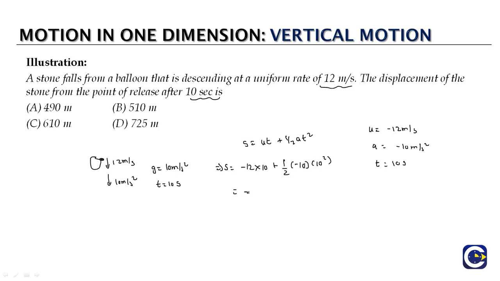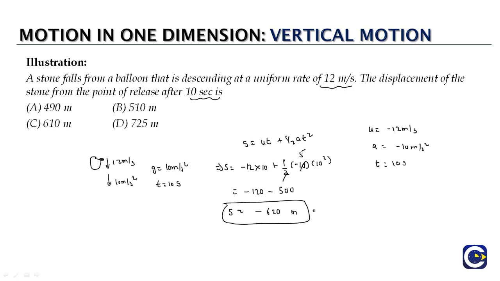So minus 120, plus 5 times 100, which is minus 500, which is going to be minus 620 meters.